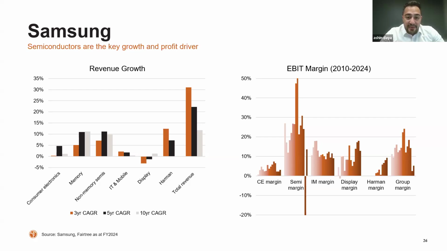So you see, more recently in 2023, there were negative operating margins earned by the semiconductor business, and this was for two reasons. One being that the memory market was in a state of decline where there was excess supply, and as a result, memory prices declined significantly, and this business was loss making. Memory has traditionally been very commoditized.